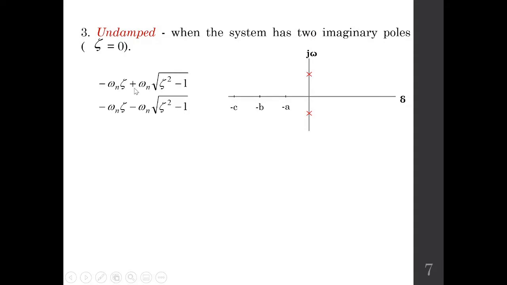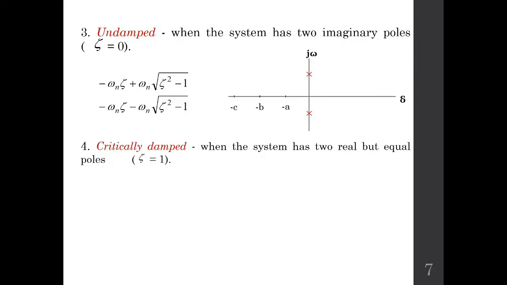So a positive imaginary number and a negative imaginary number. So if you draw these 2 numbers on the S plane, you will always get poles on the imaginary axis like this.